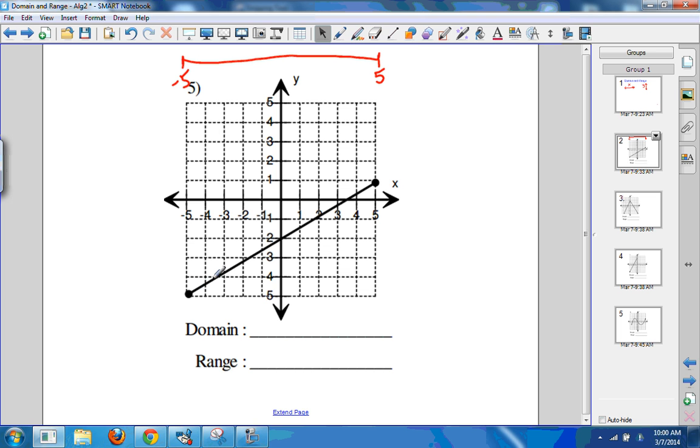And this has X values for that whole length. So we could say the domain of this, we look at X, we can say X is greater than -5, and on the right side we could say X is less than 5.